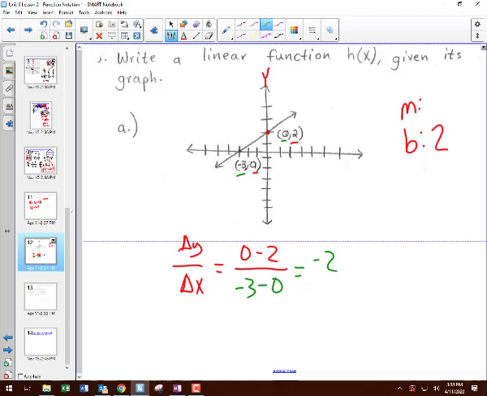Negative 3 minus 0 is negative 3. So that's going to be 2/3. A negative divided by a negative yields a positive. So now I've just found my slope to be 2/3.